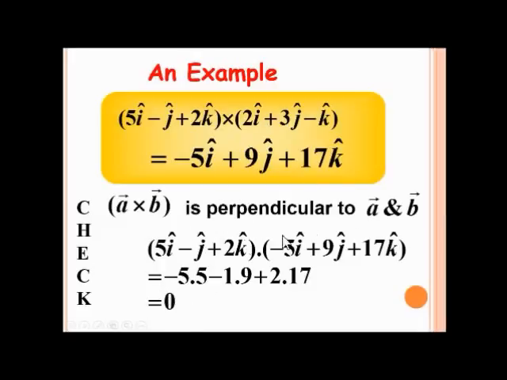This is how you can find perpendicularity. You can find parallel vectors by the cross product, A cross B equals AB sin theta, and since sin 0 is 0, the whole resultant value will be 0.